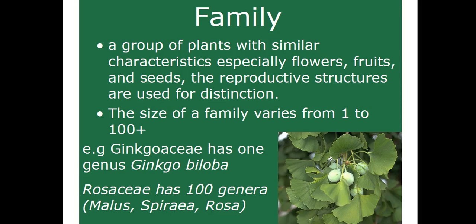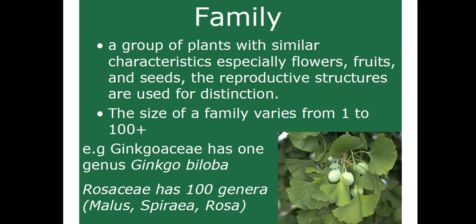Some plant families have only one. For instance, at least in existence today, the Ginkgoaceae family has only one genus and species, Ginkgo biloba, that is still in existence today. Now we go back 1 million years and there were many different plants that were in that family, and that's something that paleobotanists study.